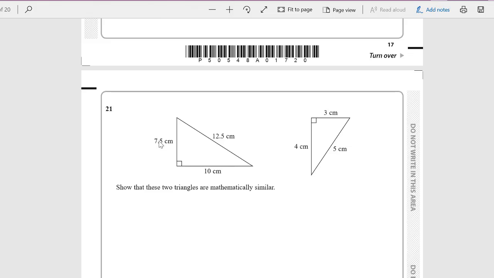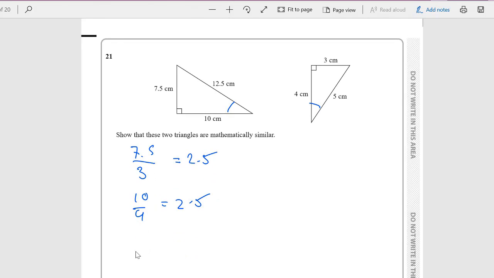Question 21, show that these triangles are mathematically similar. Okay, so let's take, if we say that, for instance, those are the angles. So 7.5 divided by 3 gives us 2.5. 10 divided by 4 is 2.5, and 12.5 divided by 5 equals 2.5.